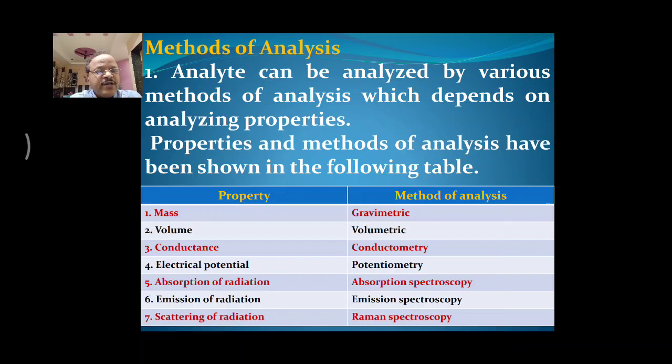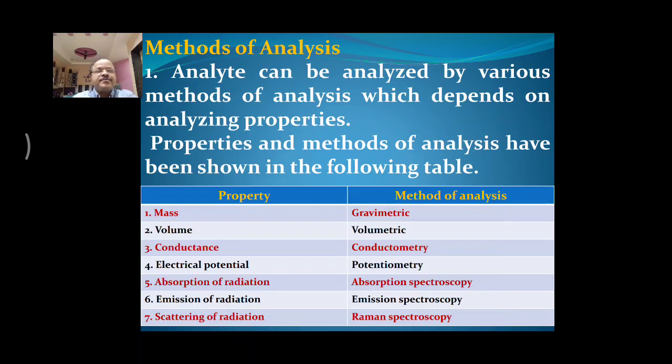There are different methods available. While adopting a particular method, we need to know which property or parameter is to be analyzed from the sample or analyte. Depending on these parameters, the methods have been classified based on different parameters.